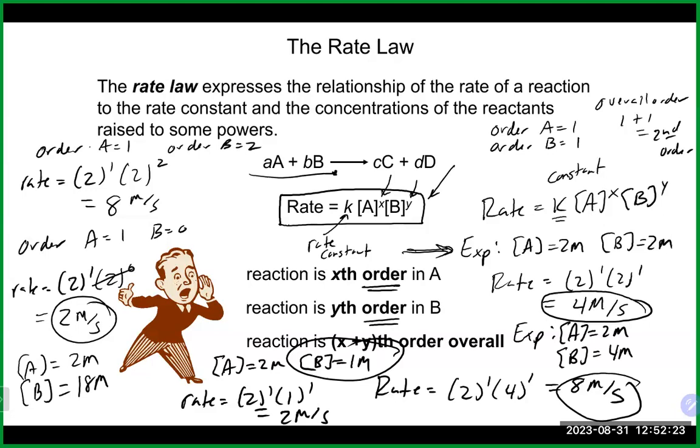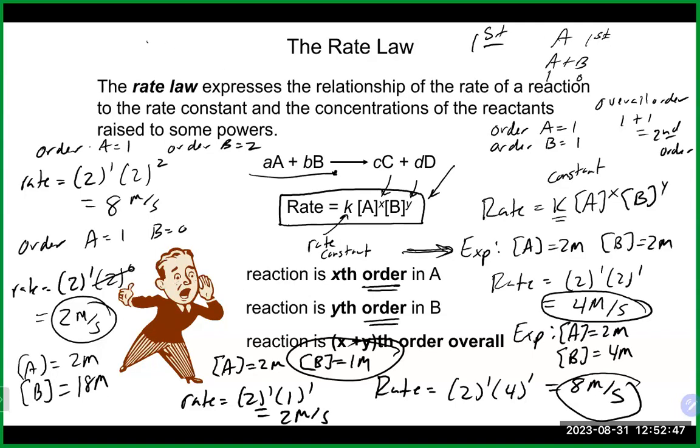If you think about overall orders of reaction, to get a first order overall reaction, if I had one reactant, it could be first order. If I had 2 reactants reacting, one would have to be first order and one would have to be 0 order, so that added together you get first order.